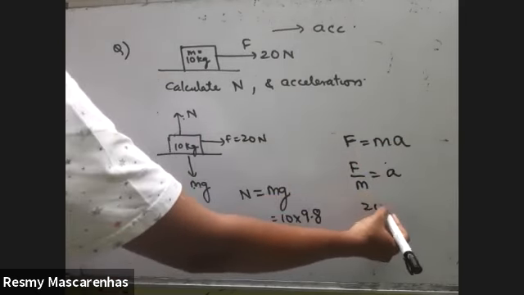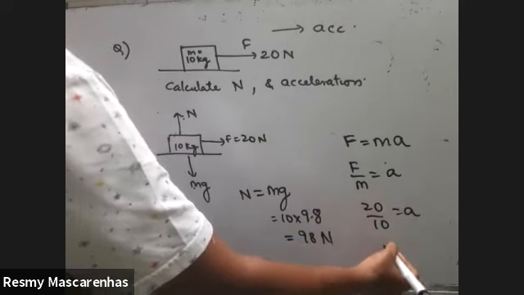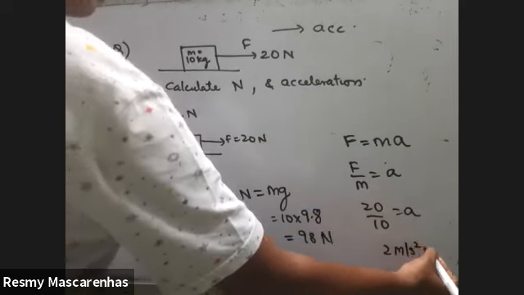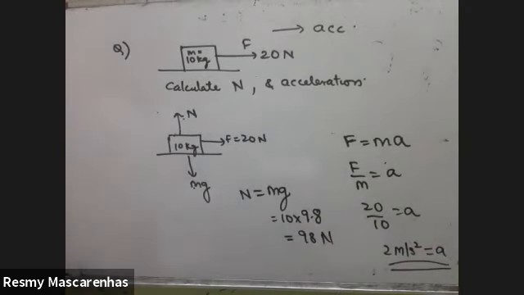So how much is it? 20 upon 10, so it will be 2 meter per second square. If anyone has not understood this, then ask.